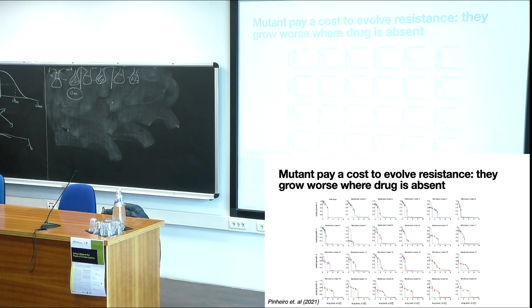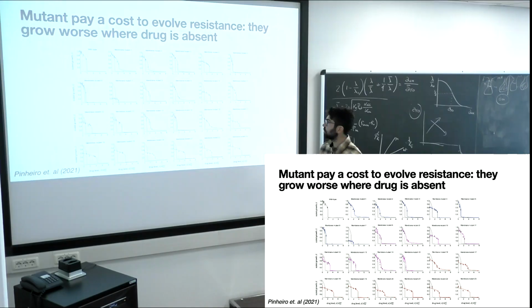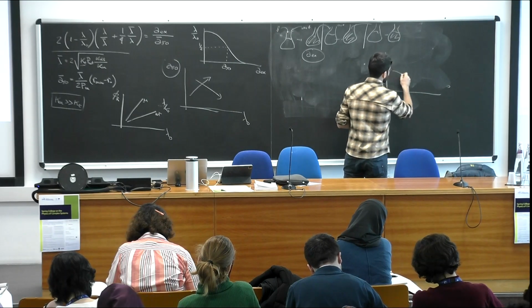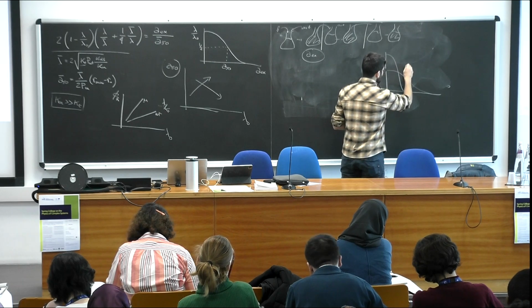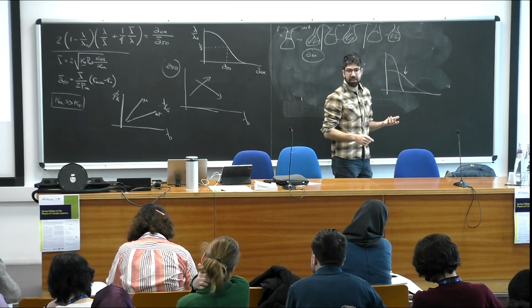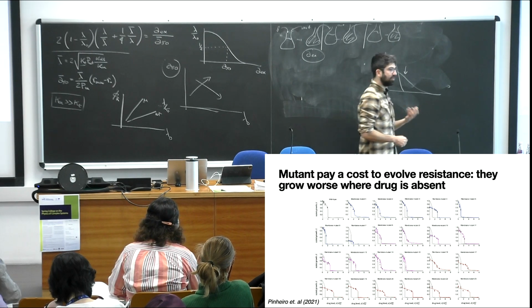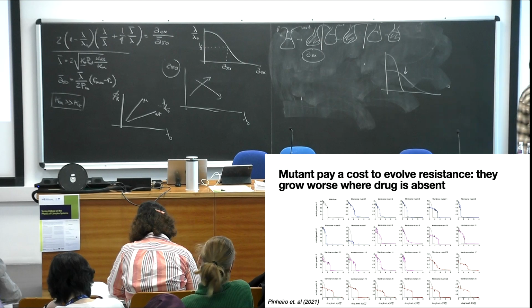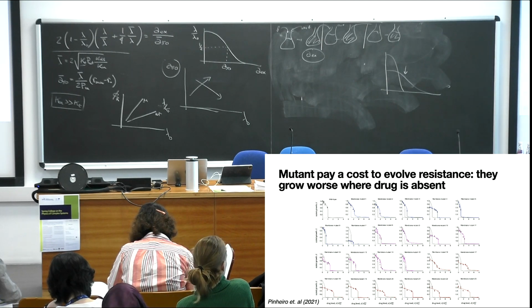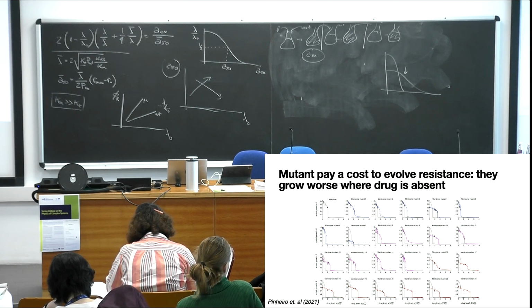Now, the observation which is in common to all these curves is exactly related to the question that was asked. What you see is that when there is high enough antibiotics, the mutant grows faster. But the fact that it evolved the ability to grow in presence of antibiotics implied that it was less good at growing in absence of antibiotics.